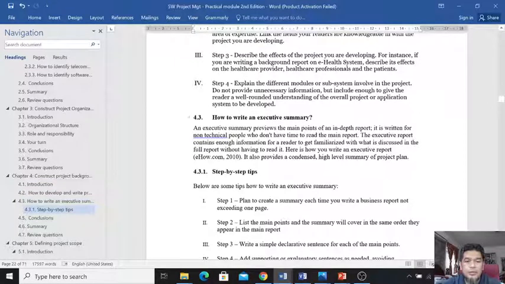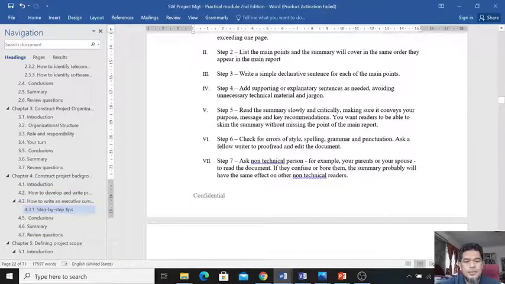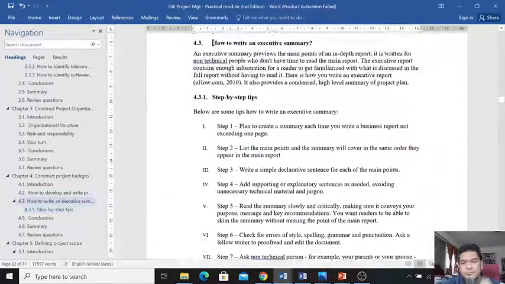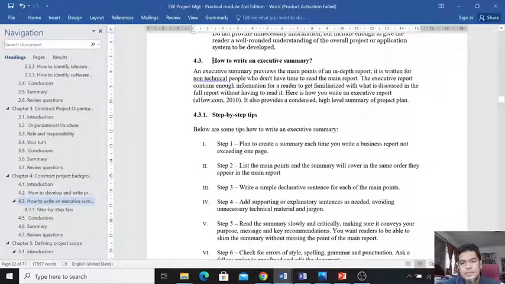Okay, and I also explain here how to write the executive summary. We have a step by step tip, about 7 steps on how to write the executive summary.